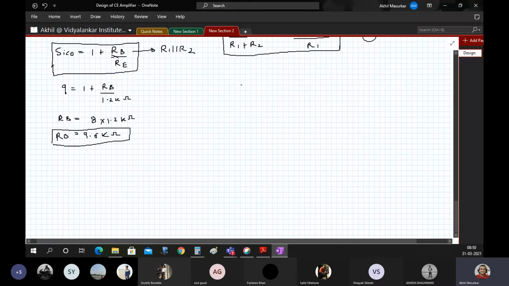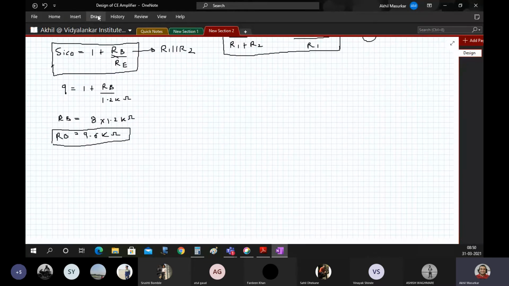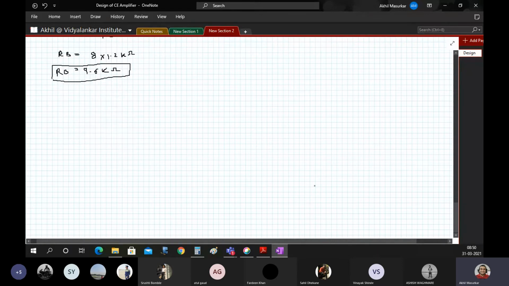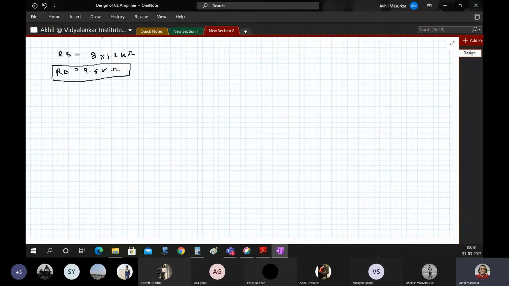Now, let us draw the Thevenin's equivalent circuit, which we used to always draw when we used to draw the potential divider bias.